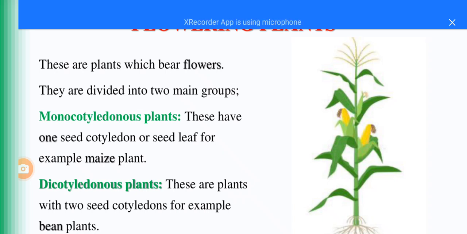For example, the maize plant, we can talk about the rice plant, we can talk about the millet, and many others. Those are monocotyledonous plants. In other words, they have got one seed cotyledon.